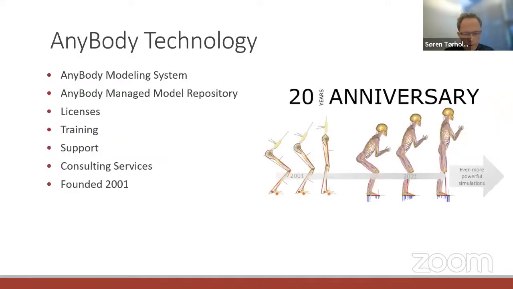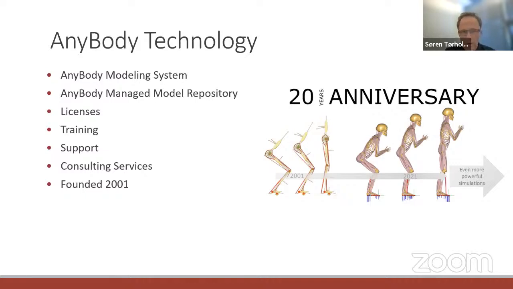So first, a little bit about our company. We developed the AnyBody modeling system, which is a tool for musculoskeletal simulations. Associated with the modeling system comes a full set of models, including both body models and application models, which bring these body models into life, into action.